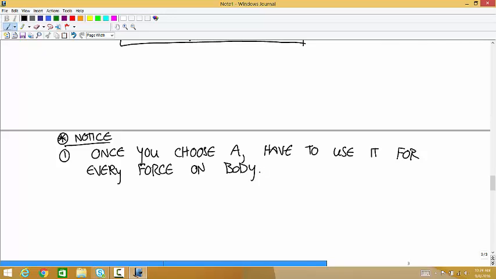So you get to choose that about point A. That's totally up to you. It can be anywhere you want. But once you choose it for the body, you have to use it for every other force on that body.